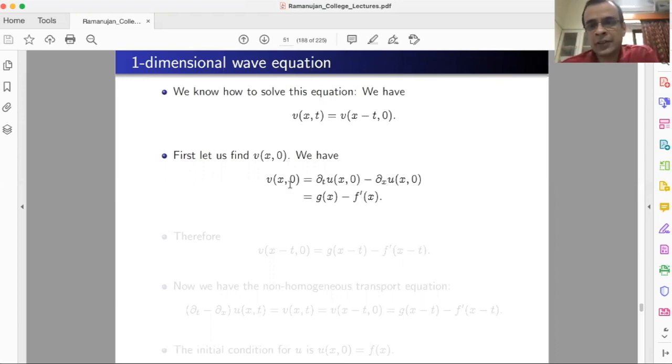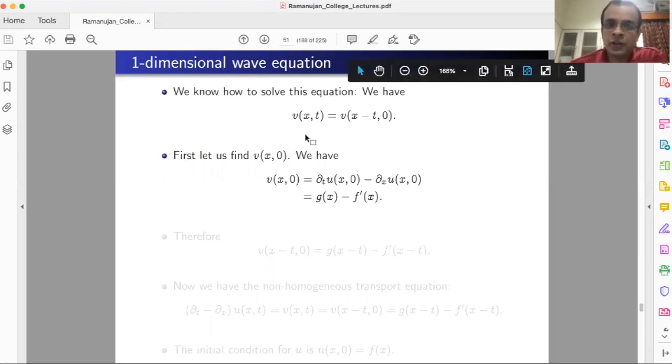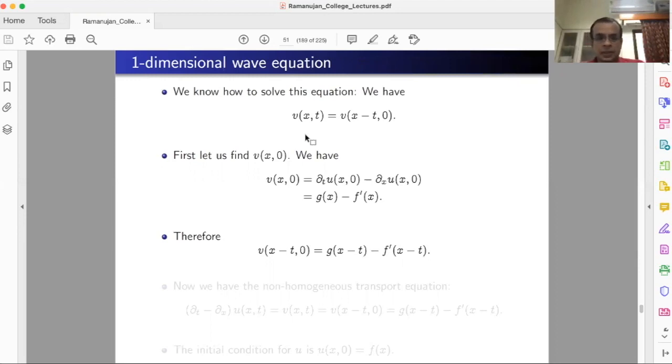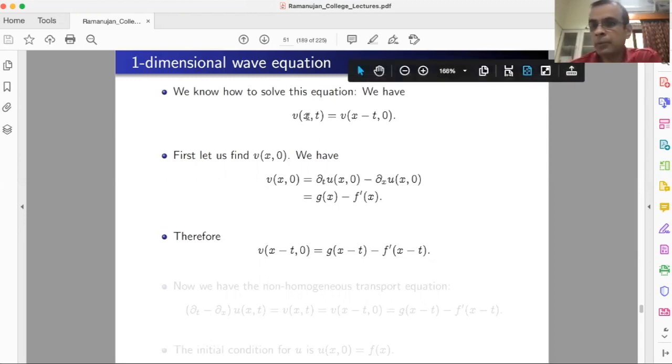So I get v of x comma 0 is g of x minus f prime of x. Okay, so therefore, my solution v of x,t, which was v of x minus t comma 0, is going to be g of x minus t minus f prime of x minus t.